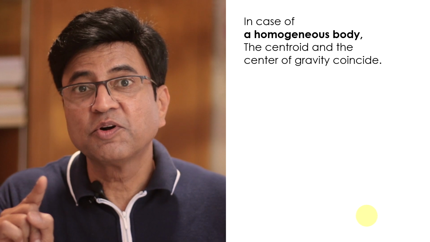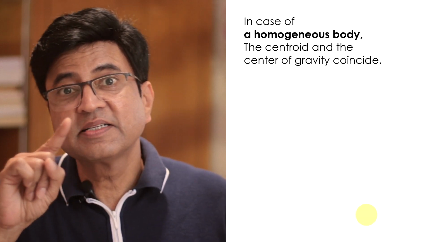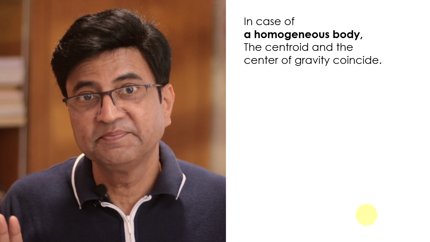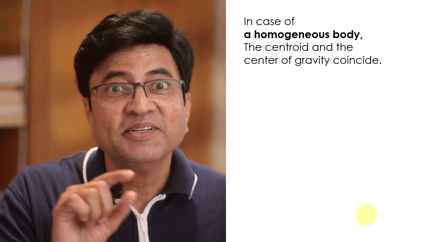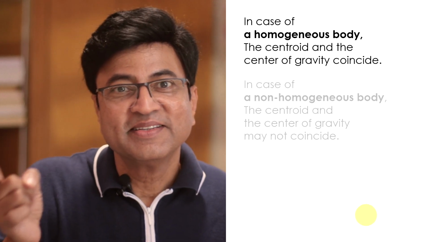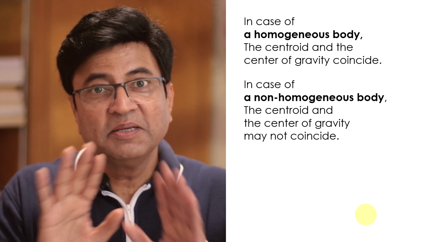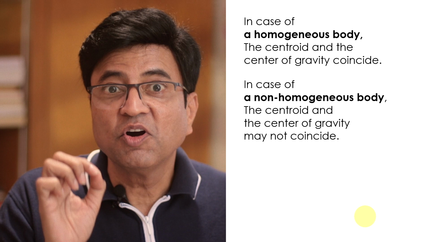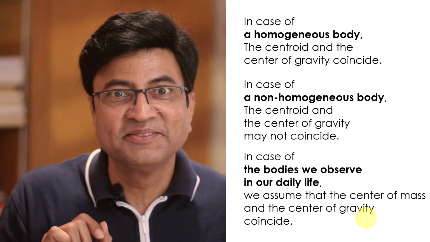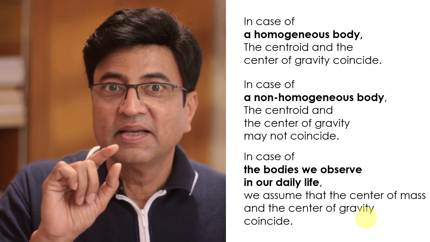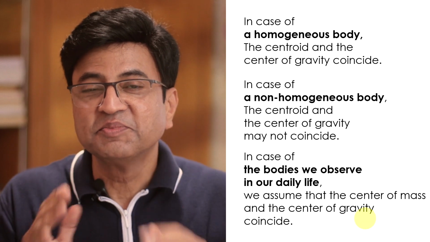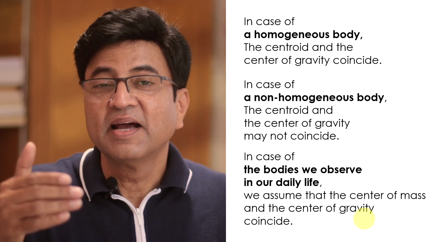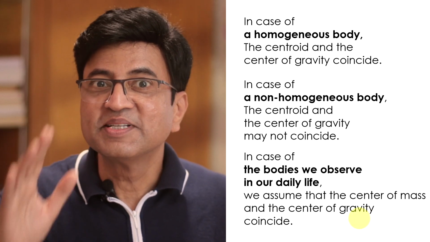In case of homogeneous bodies, centroid and center of gravity coincide. In case of non-homogeneous bodies, centroid and center of gravity may not coincide. And the bodies which we observe in our day-to-day life, in all those bodies, we assume that center of mass and center of gravity coincide.